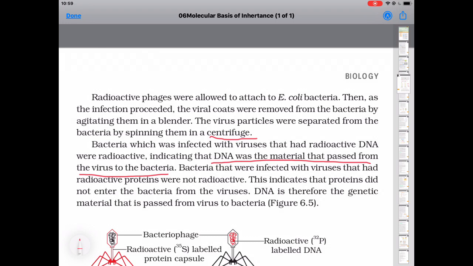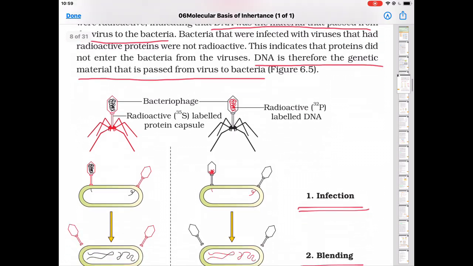Only genetic material enters inside the bacteria and the outside coat remains outside. DNA is therefore the genetic material that is passed from virus to bacteria. This is an important experiment by Hershey and Chase.